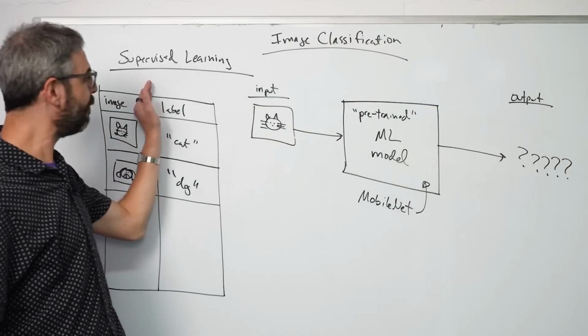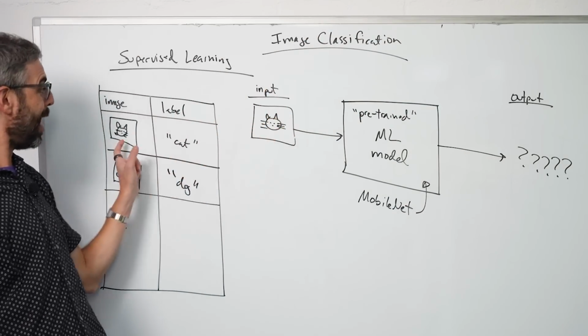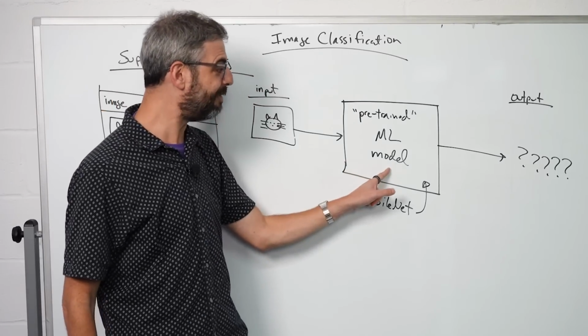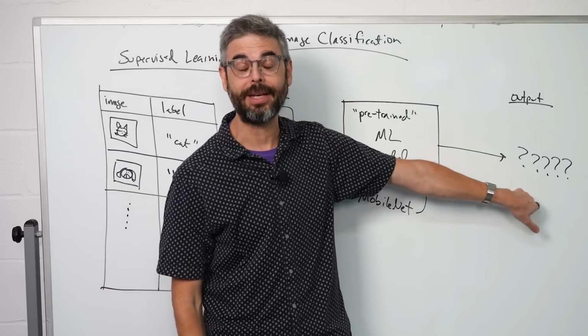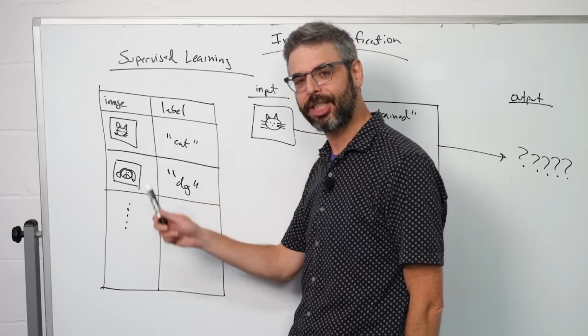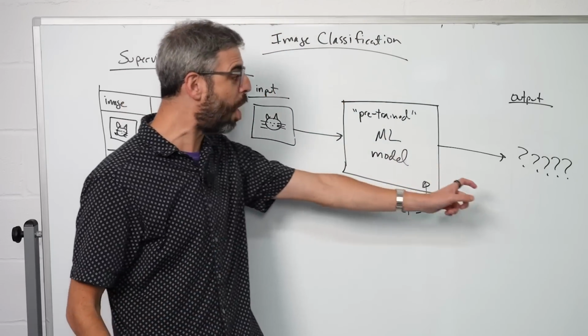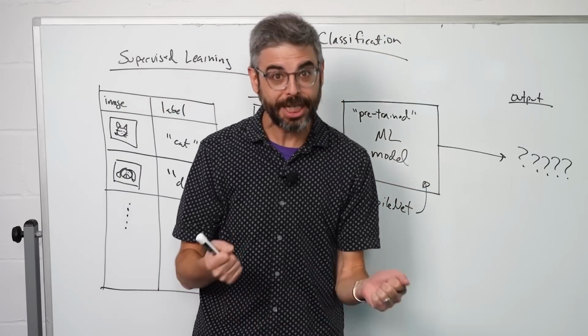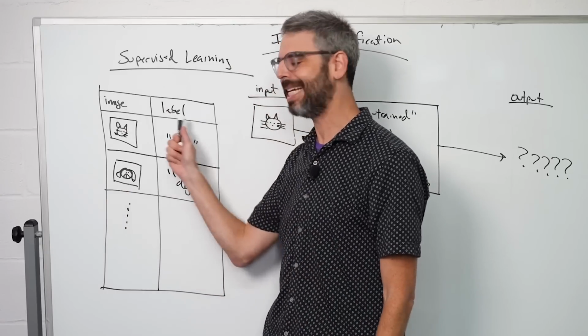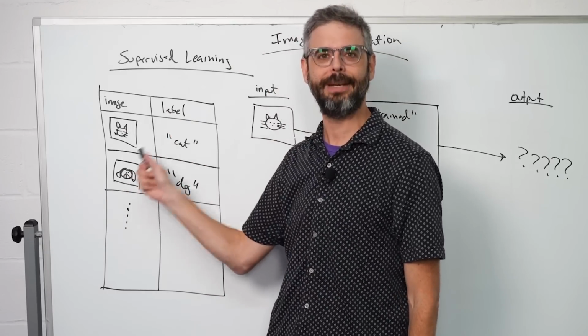This is a supervised learning process because we actually already know what the correct answer is, cat. We're waiting to see if the model guesses cat correctly. If it does, great, we can move on and go to the next image. If it does not, if it gets it wrong, then the model needs to be adjusted so that hopefully the next time it's going to be more likely to get the correct label for this image of cat.